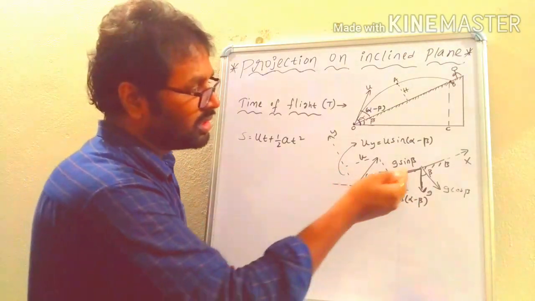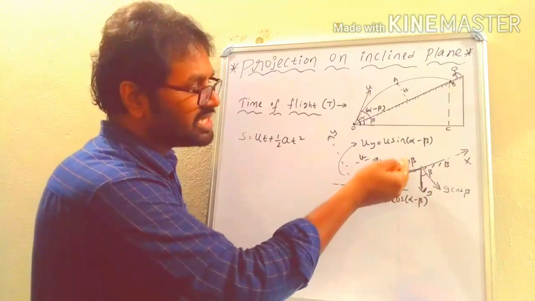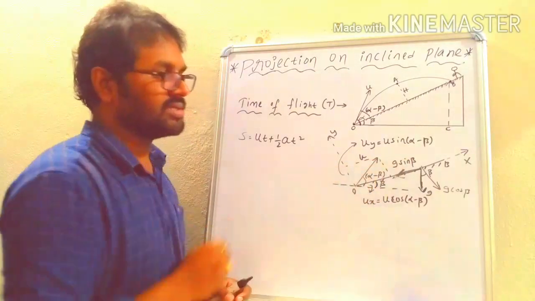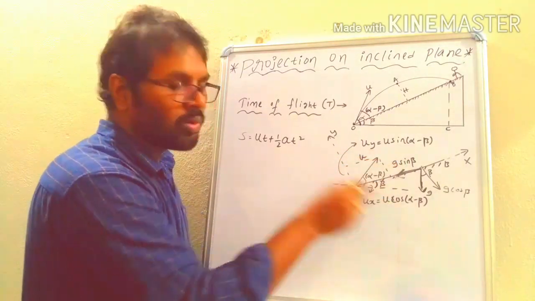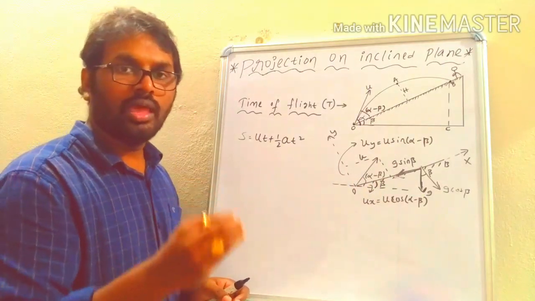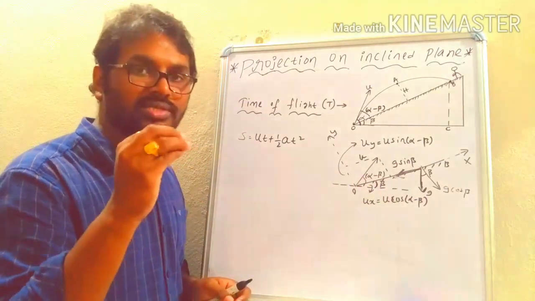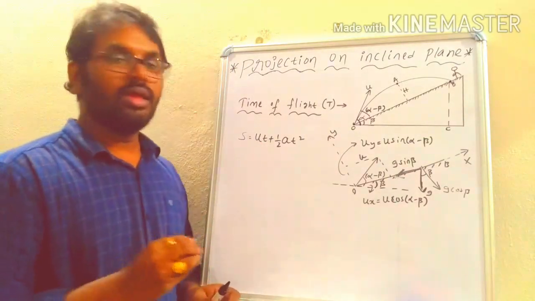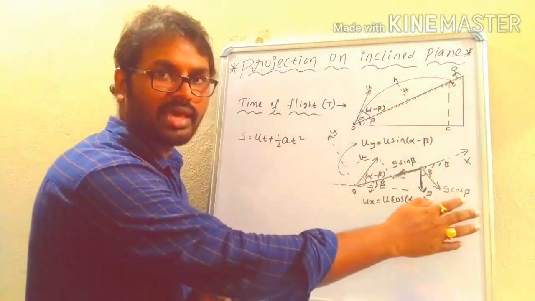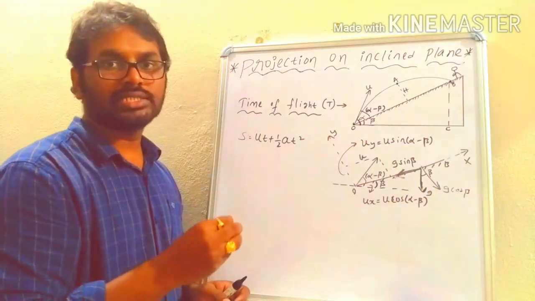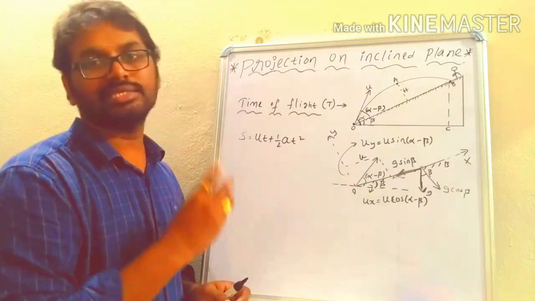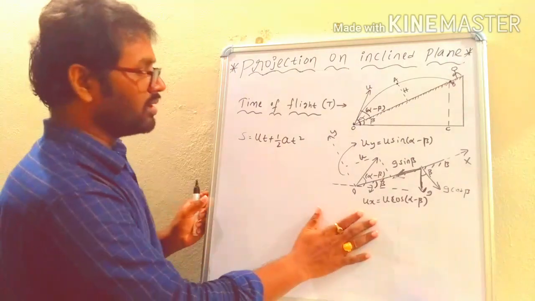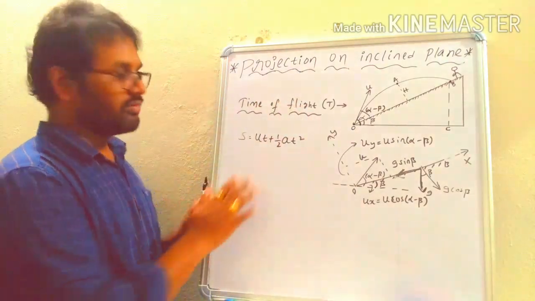No, because there we have the g sin beta component of gravity opposite to the x-axis, and this component is opposing the initial velocity. So along the inclined plane also, the velocity of the particle gradually decreases. So what we see here, along the y-axis and along the x-axis, the velocities of the projectile are gradually decreasing from the initial point to the final point.